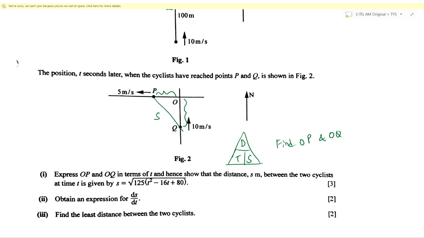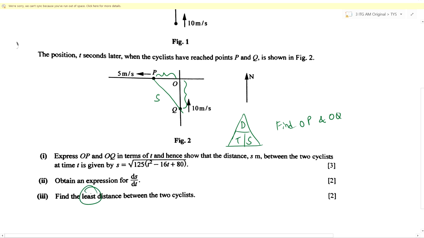Once you have the expression for ds/dt, to find the least distance. So least over here, you're talking about the minimum point. So you set ds/dt equals to 0.